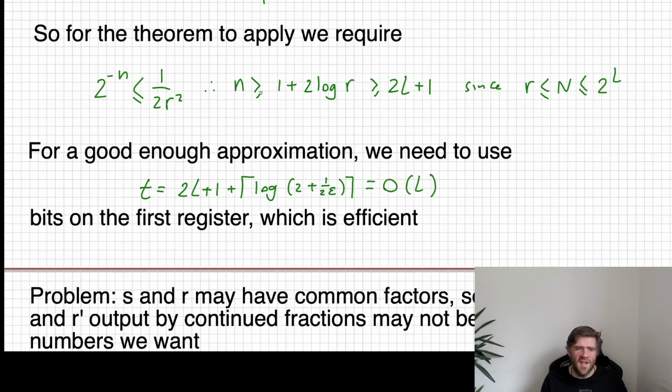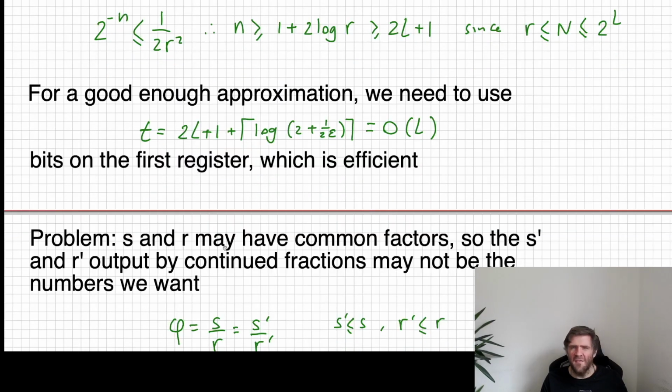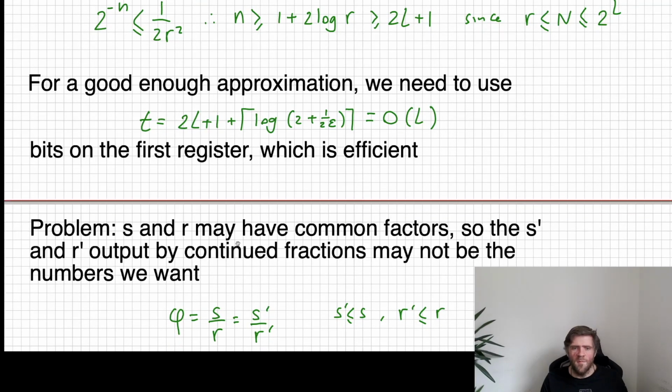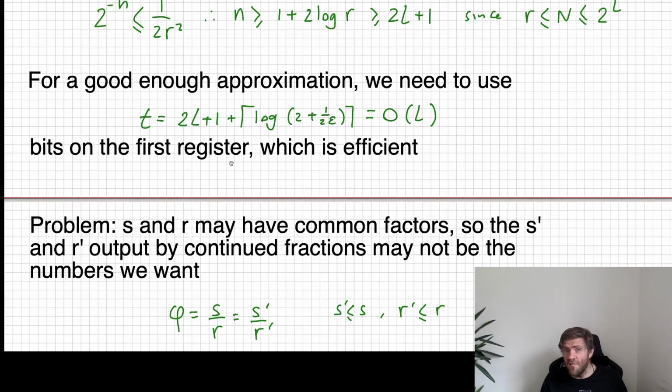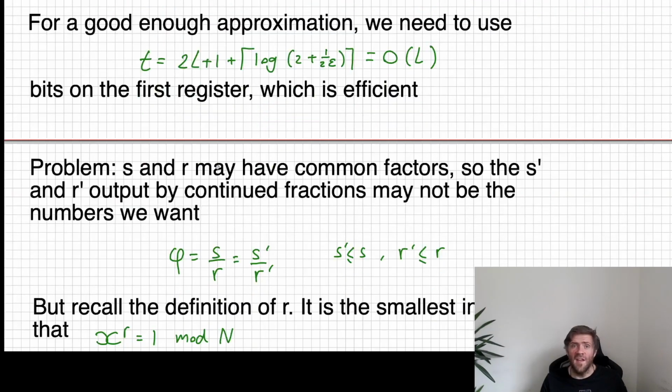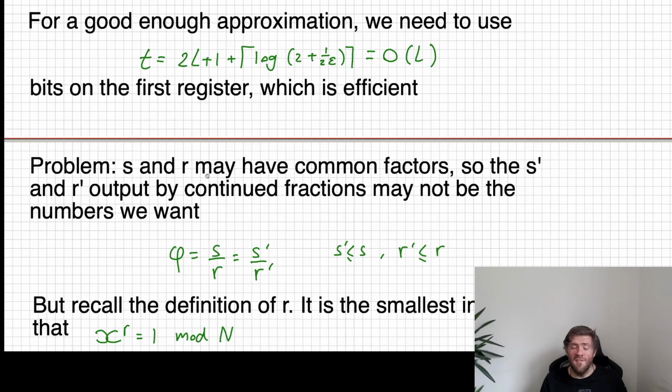So one problem here, as I've said, is that S and R may have common factors, meaning the S prime and the R prime are not the values that we want. This is solved by having an S prime and an R prime that don't have any common factors. Since we just get randomly assigned S's and can't control them, we can't ask for the right value of S, but we can just repeat it until we get a case where they don't have any common factors.